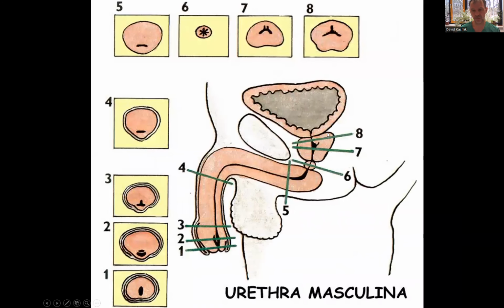So when we come here, you can nicely see its parts. So the internal ostium here, and a very short intramural part. So this is a narrowed part. Then it's enlarged in the prostate. But in prostate, it is enlarged in normal state. But in case of hyperplasia, this is the most narrowed part of male urethra. So please remember, in half of the males above 50, you have to expect the most narrow part being within prostate.